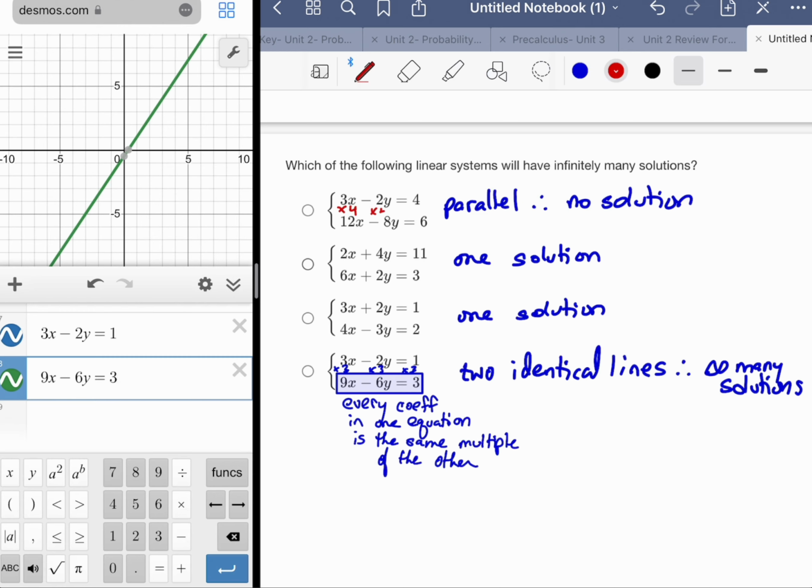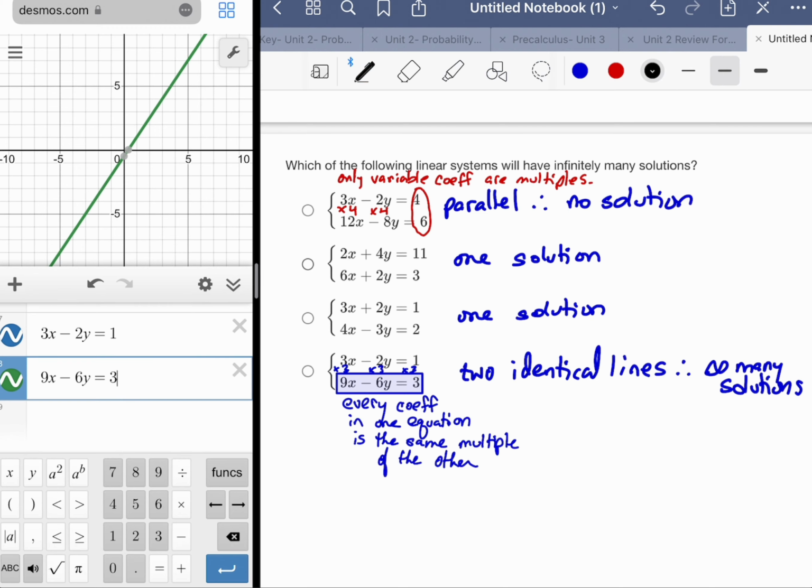You'd multiply by 4 to get from -2 to -8, but then it fails for the constants. So only the variable coefficients are multiples of each other. So you can recognize instantaneously which ones are the no solutions and which ones are the infinitely many solutions. Very easy to identify.